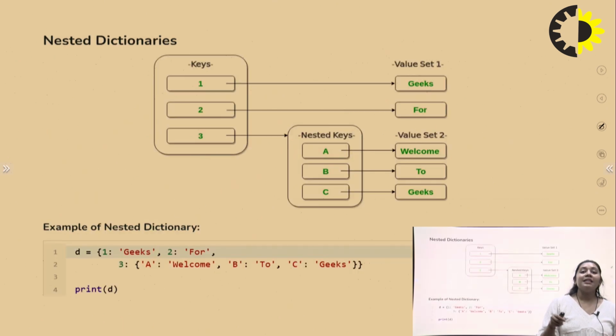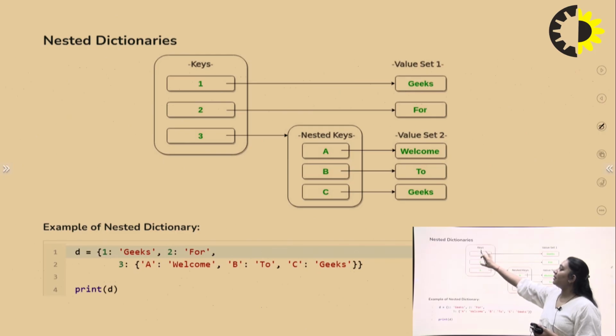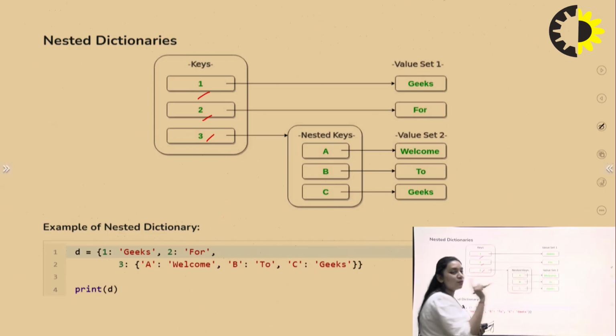Next is the nested dictionary, right? Nested dictionary, which means, let's understand the diagram. For example, there are a number of keys: the number 1, the number 2, the number 3. Each key represents its value pair.